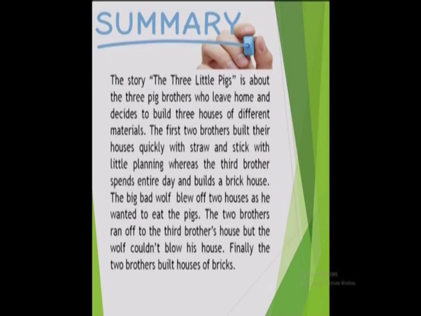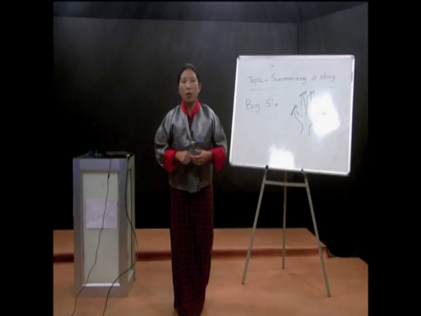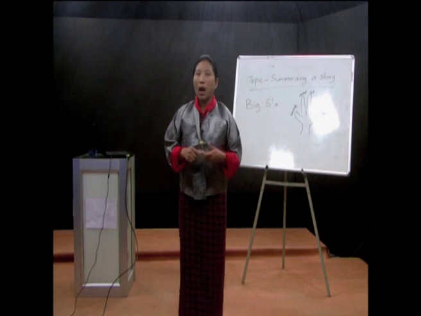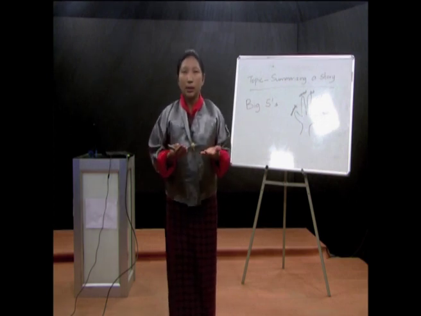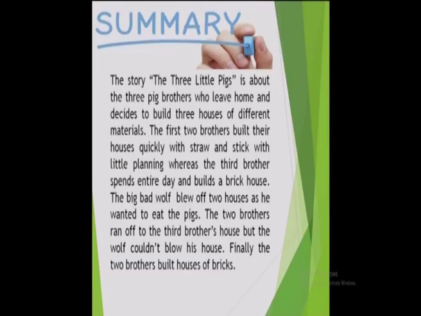The big bad wolf blew off two houses as he wanted to eat the pigs. The two brothers ran off to the third brother's house, but the wolf couldn't blow it down. Finally, the two brothers built houses of bricks. So that's the summary of The Three Little Pigs. I hope you have the same as that.